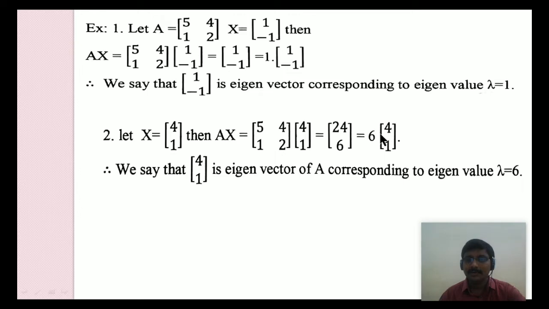Similarly we have lambda x. What is lambda here? Lambda is 6. So the eigenvalue is 6 and the eigenvector is the matrix 4, 1. So Ax equal to lambda x, then lambda is called the eigenvalue, and the vector x satisfying the equation is called the eigenvector.